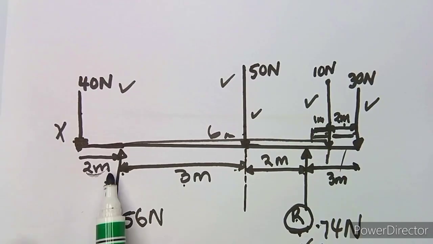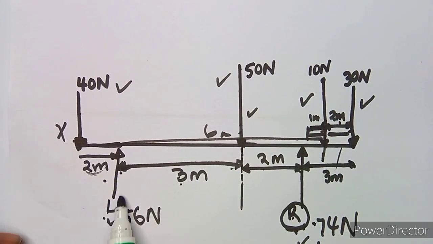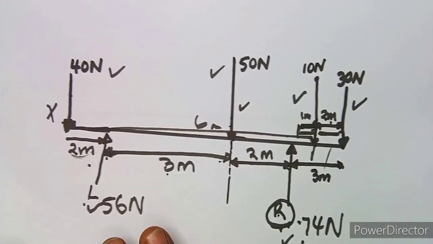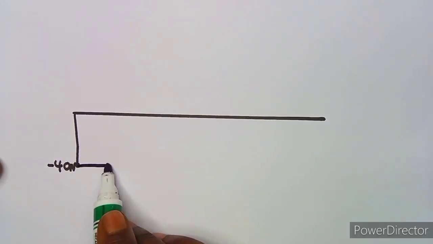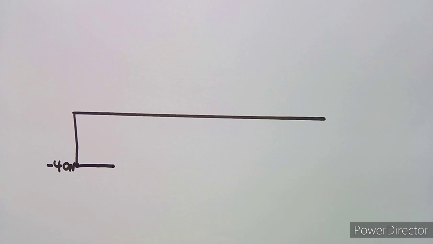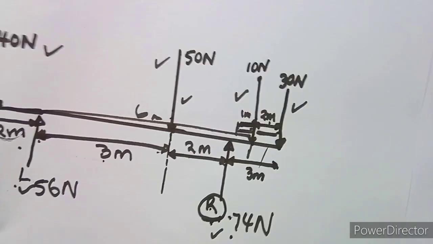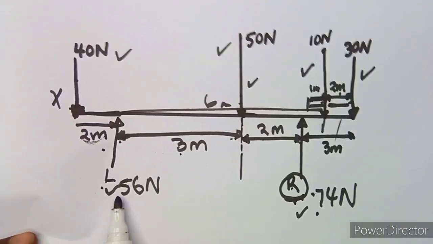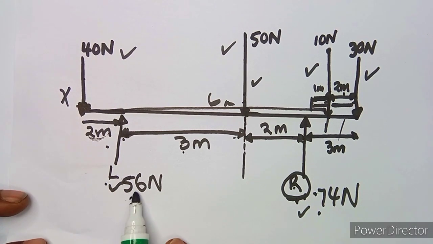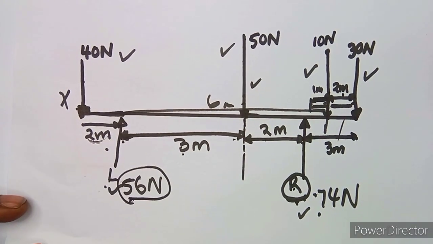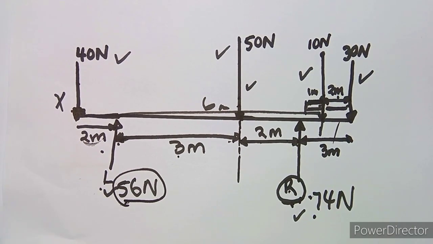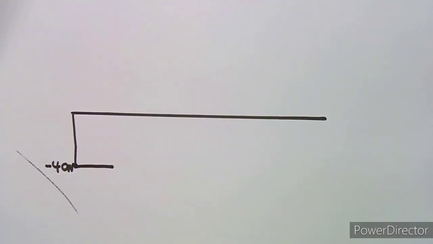Then it moves a distance of 2 meters to L, which is going upwards. So a distance moved, you just indicate by a line like this. So you moved like this, 2 meters. Then what happened? 56 meters and 56 newtons. This one is actually going upwards. So you're going to add from minus 40, which is downwards.